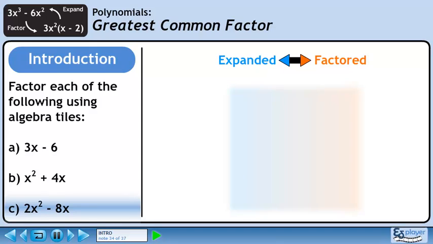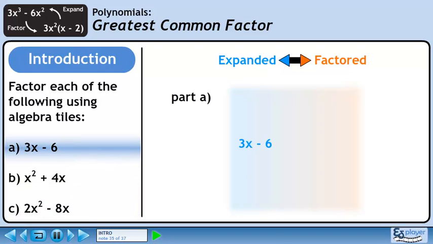The expanded and factored forms of a polynomial are obtained through reverse processes. If we revisit the expression from part A, we can see that 3x minus 6 is the expanded form, and 3 times x minus 2 is a factored form.